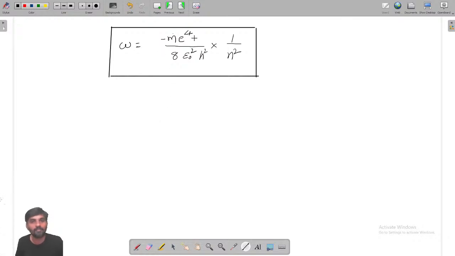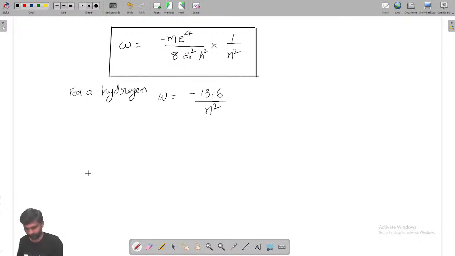So W is equal to minus m e power 4 by 8 epsilon naught square h square into 1 by n square. If you substitute all the constants for a hydrogen atom, the W value is going to be minus 13.6 by n square, and the units are electron volts.